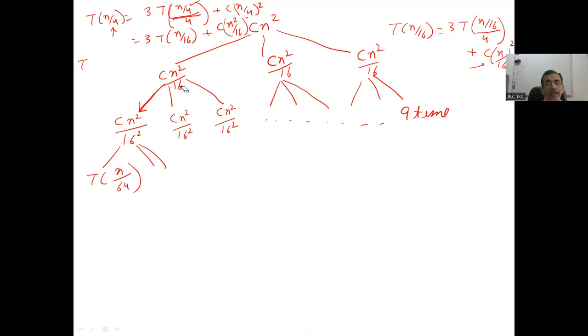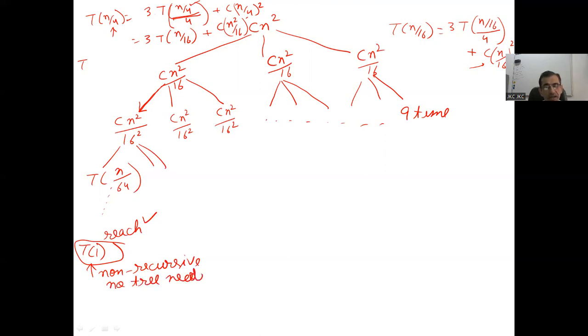So now I can easily see what is happening. I want this ultimately to reach T of 1. Why do I want it to reach T of 1? Reaching T of 1 is non-recursive, so no tree is needed, and T of 1 is guaranteed to be 1. So finally this will reach the value 1.